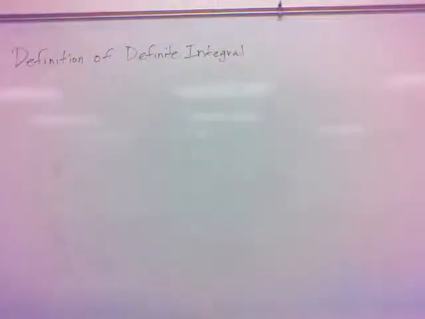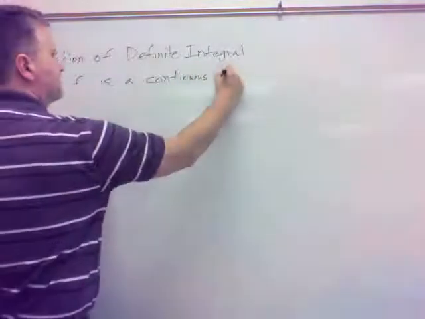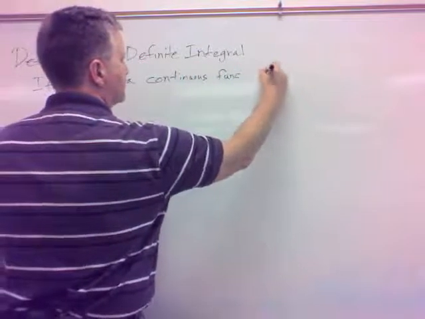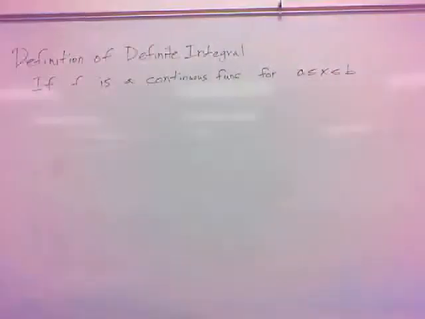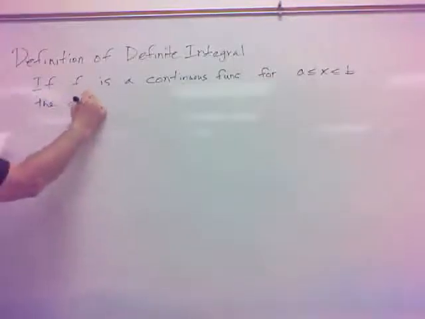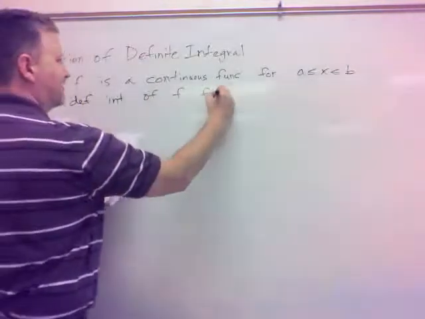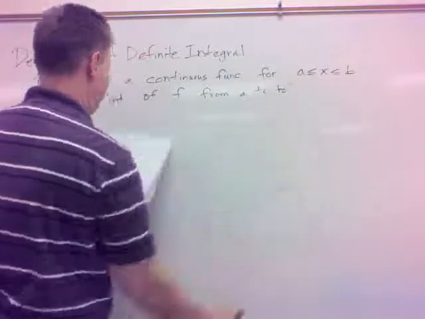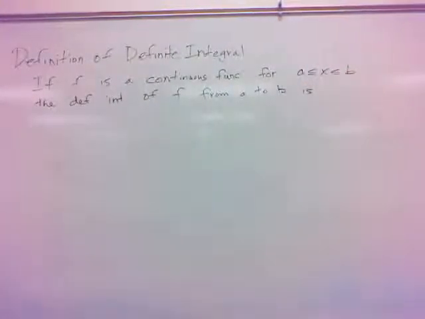If f is a continuous function for a less than or equal to x, less than or equal to b, so we're talking about the same setup here, then the definite integral of f from a to b is defined this way.